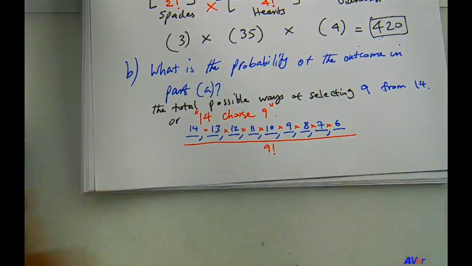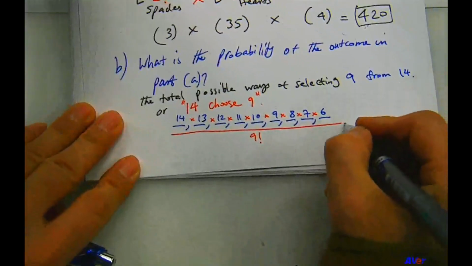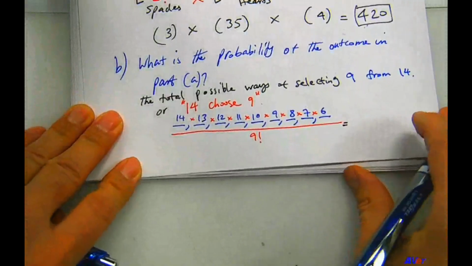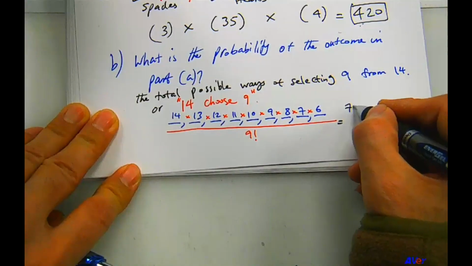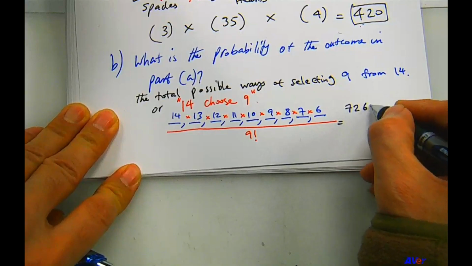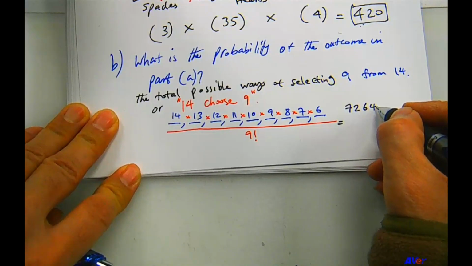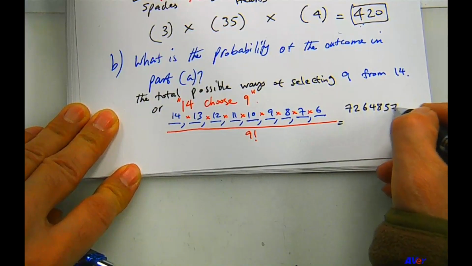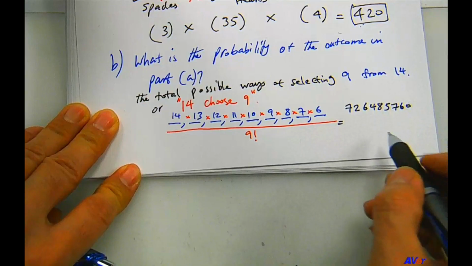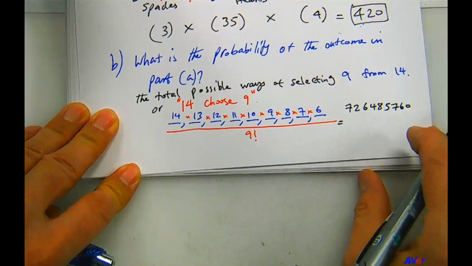All right, so then what I got was this large number in the numerator, like that.